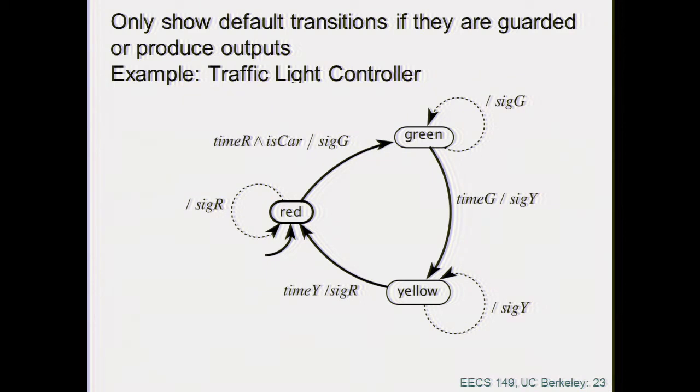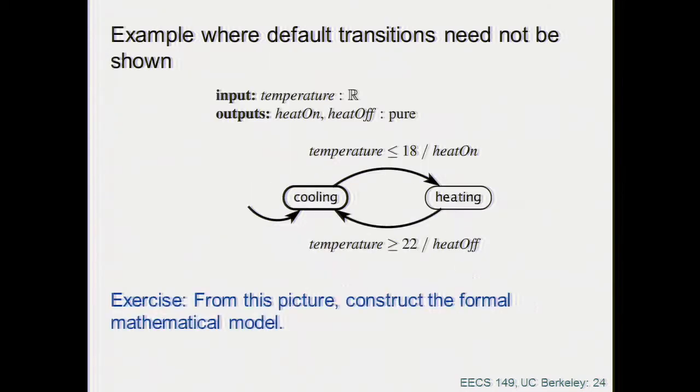I'm sitting in green, and there is no reason why I should change from green to yellow. And so I'm sitting there, but I keep on outputting green, right? So I need to say that. Same thing with yellow: nothing happens, so I stay there. So there is a default transition, but it has an output associated with it. I may as well display it.